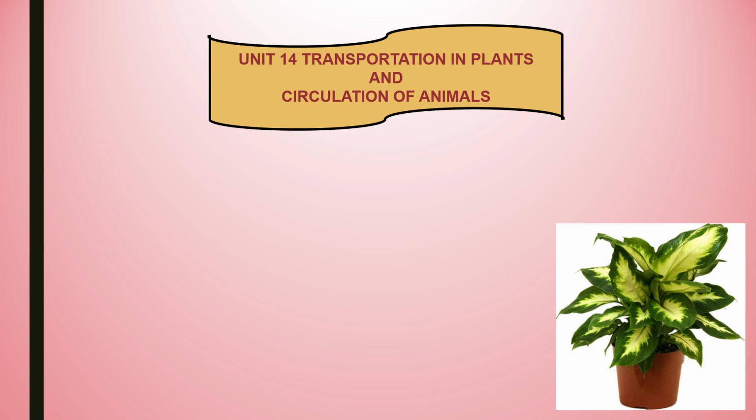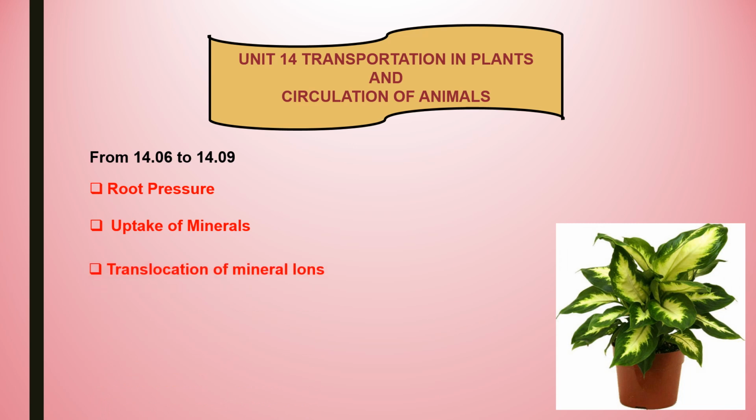In this video we are going to see units 14.6 to 14.9. First one, root pressure, uptake of minerals, translocation of mineral ions, then phloem transport. This topic we will see one by one in detail.